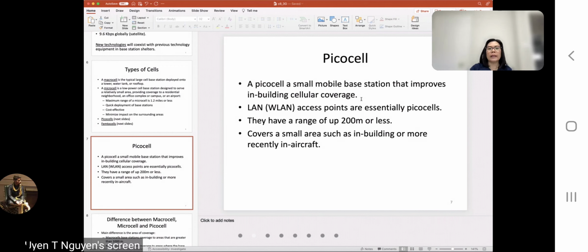They have a range of about 200 meters or less, and they cover a small area such as inside a building or, recently, in aircraft as well. A local area network access point is basically a picocell by itself, right? Because an access point can support a range of about 100 to 200 meters. Okay.